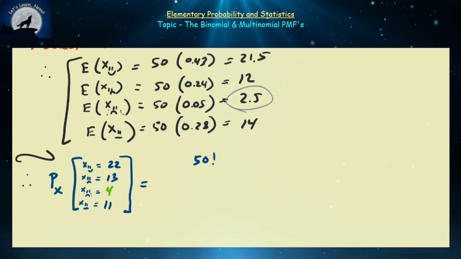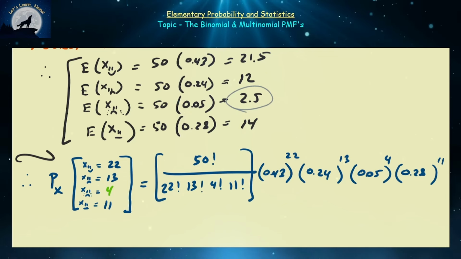And then we're going to have our probabilities raised to the power of the numbers that we want. So our population is 43% happy, 24% sad, 5% depressed, and 28% neutral. And within our sample, we want 22, 13, 4, and 11 people to have that.